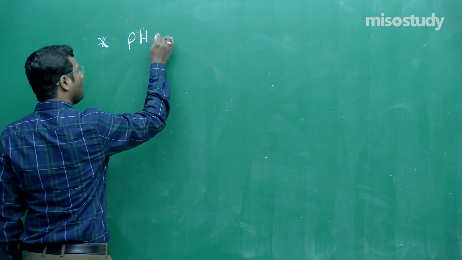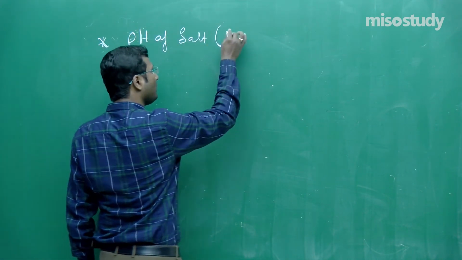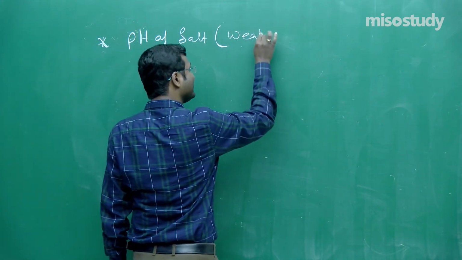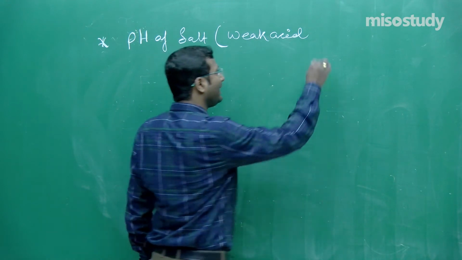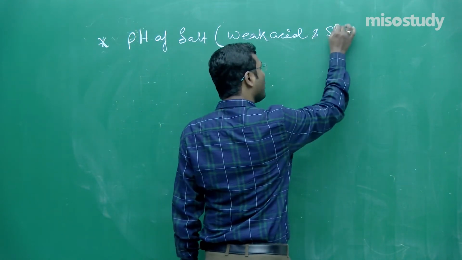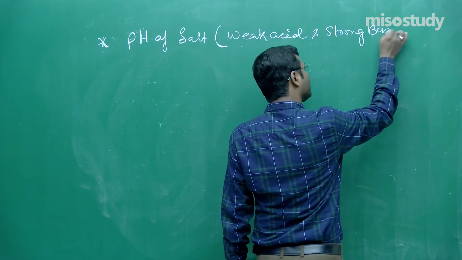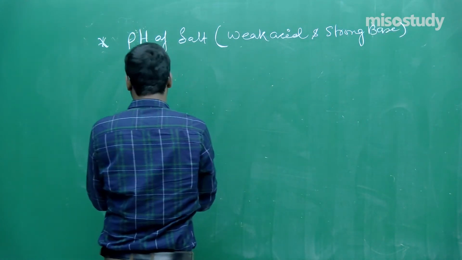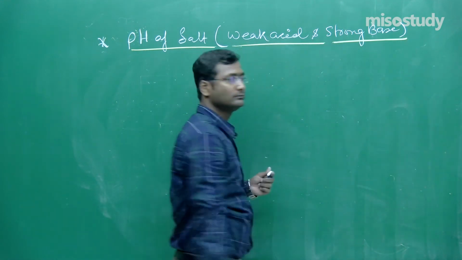pH of salt that comes from weak acid and strong base. In this case, the acid is weak, and the base is strong. Now take an example.